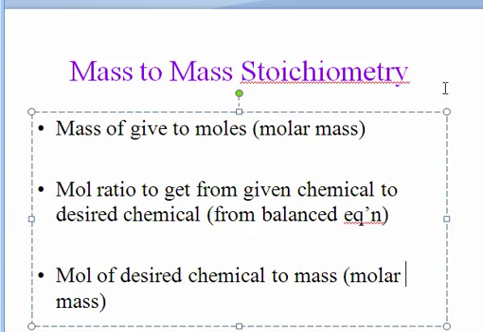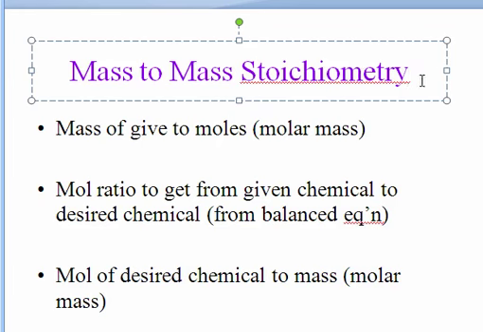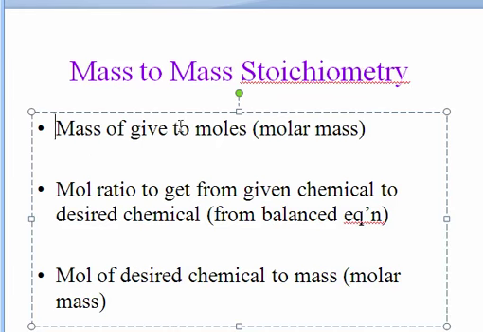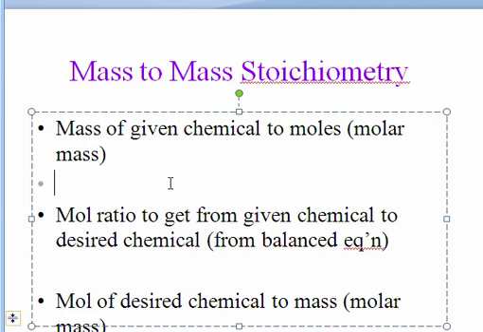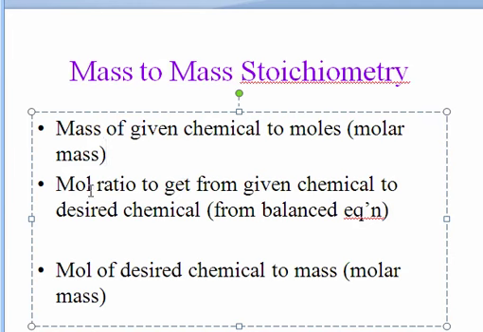So here's the summary of what I just said. When we're looking at mass-to-mass stoichiometry, we get our mass of our given chemical to moles by using the molar mass. Then we get to our desired chemical by using our mole ratio, and we get this from our balanced equation.